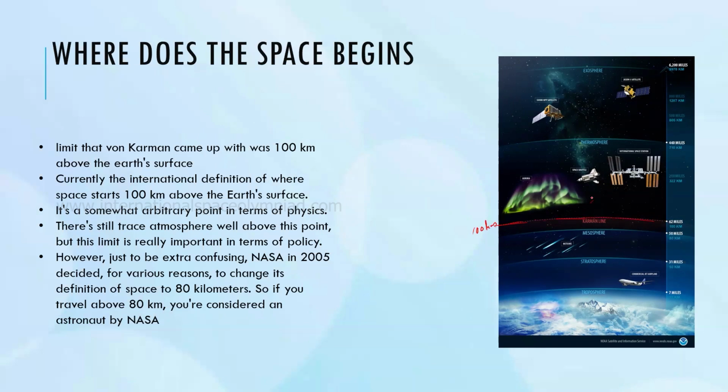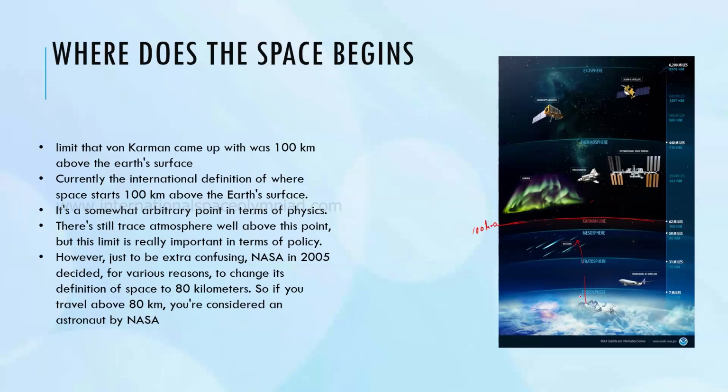If you go above that, you will be known as a space traveler, or you went to space. If you need to be known as an astronaut or a space traveler, then you have to cross this line. There is no such line really drawn, but this is it. So you have to go upward in that direction.